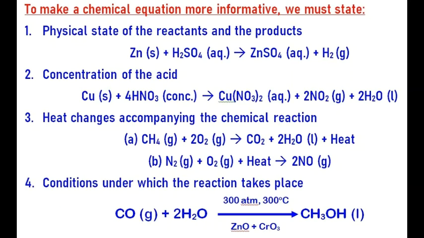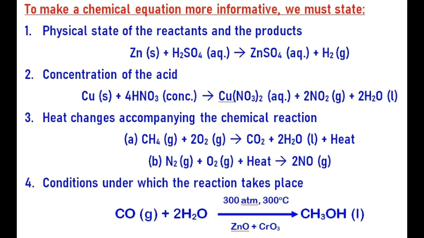Number 3, we know that heat is often absorbed or released during a reaction. This heat change accompanying the chemical reaction, whether it is exothermic or endothermic, we can also indicate. In an exothermic reaction where heat is released, the heat is written on the product side. And in the endothermic reaction where heat is absorbed, we write the heat on the left hand side, that is the reactant side.